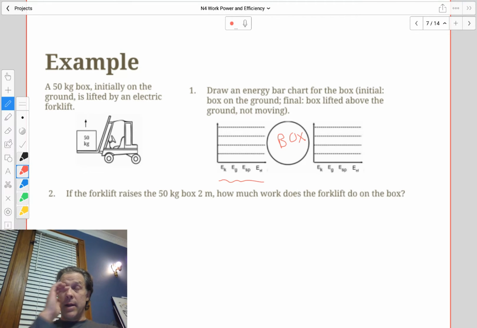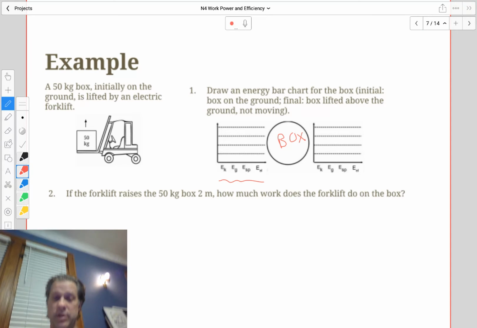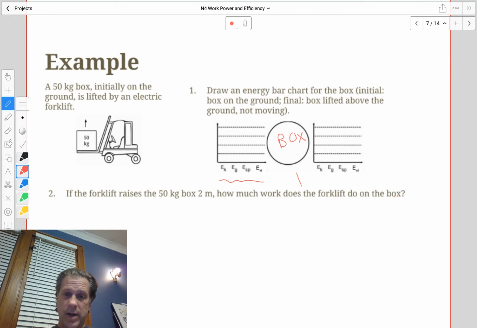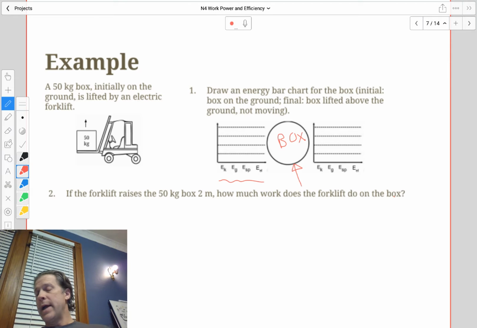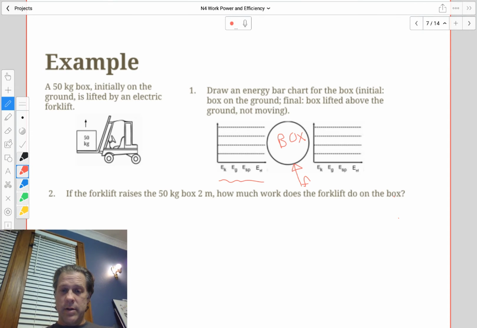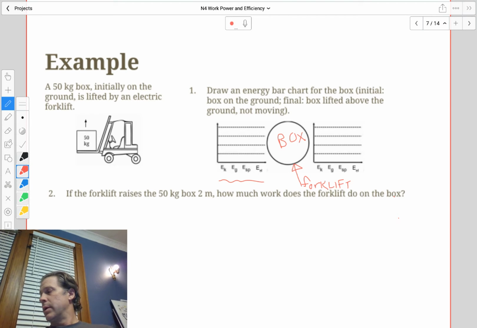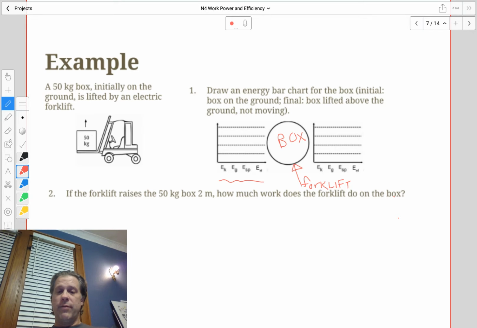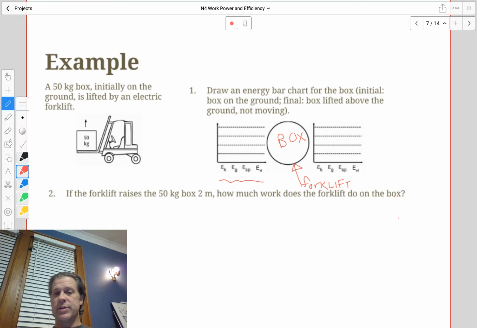And the forklift is going to be actually doing something to the box. So it's going to be working on the box. So we're going to have our arrow here, and that's the forklift. And so the forklift puts in a very specific amount of energy to the system.